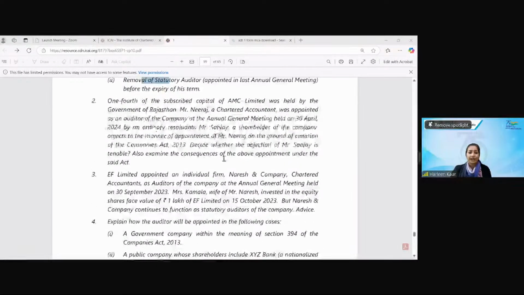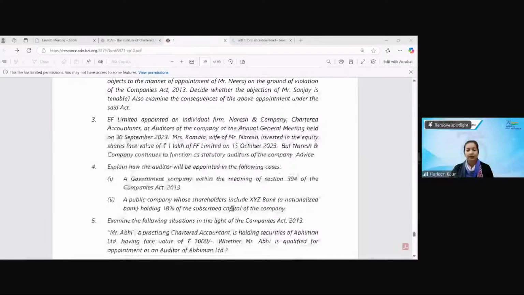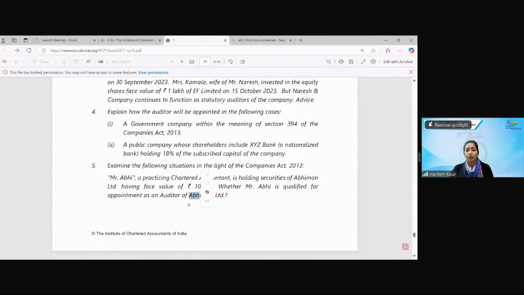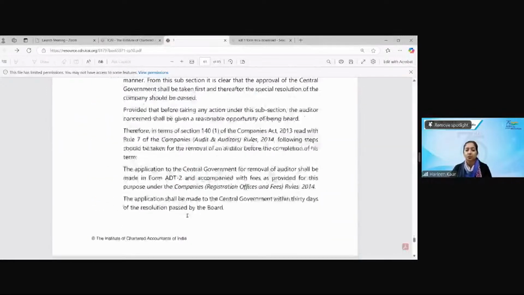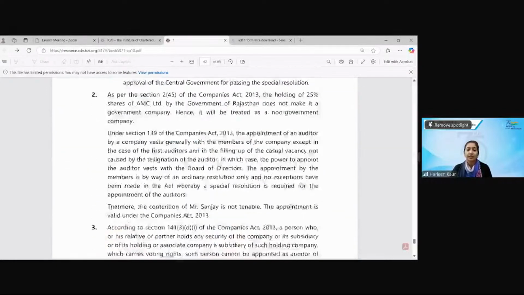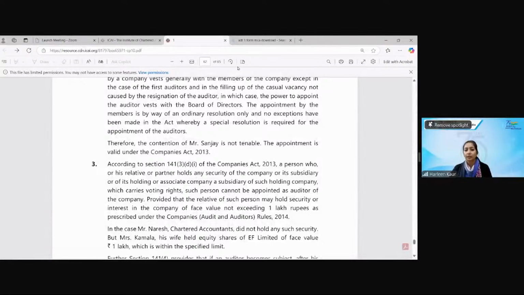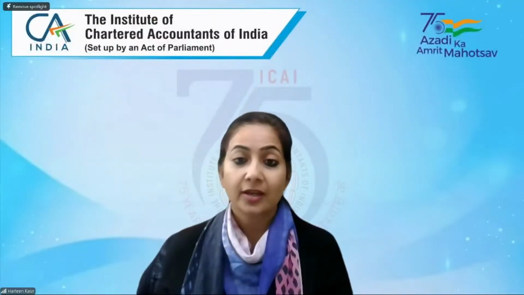You must try writing them and doing the writing practice. And these again are the points related to the government company auditors, a practicing auditor qualified to be appointed. So all the provisions that we have discussed and all these answers also beautifully have been given over here. So please go through all the descriptive questions.